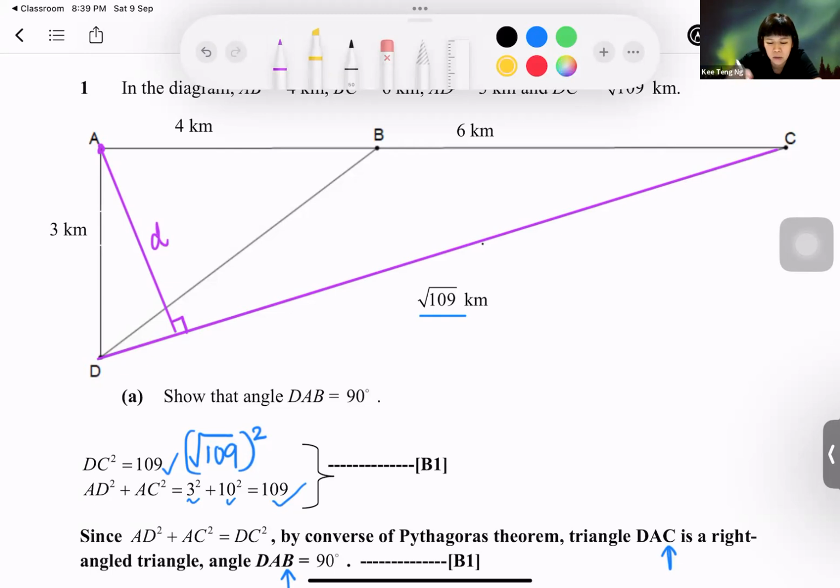Currently I can still use the area of triangle. So area of triangle will be half times the base, which is 10, times this height over here, which is 3. So area of triangle using the yellow lines, half times base times height, equals the area of triangle using the purple one, half times d times square root 109. So I can find the shortest distance available for me.